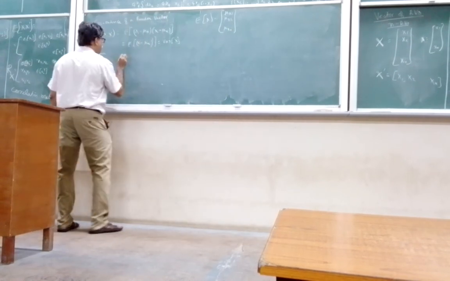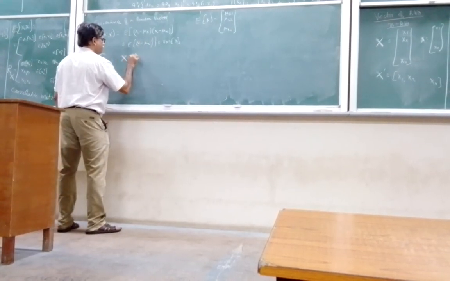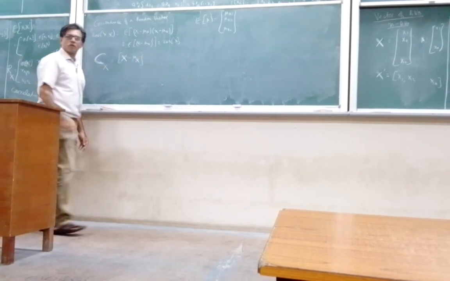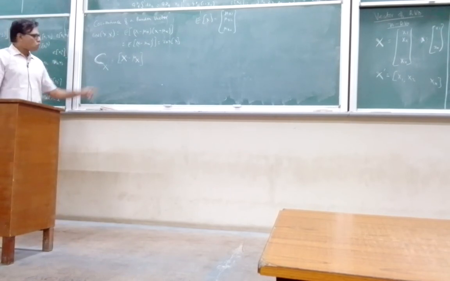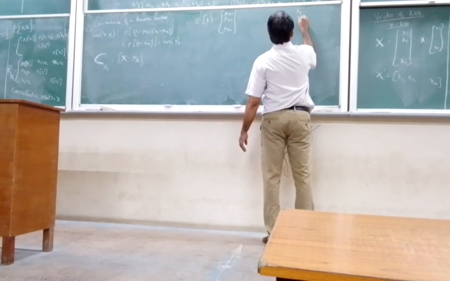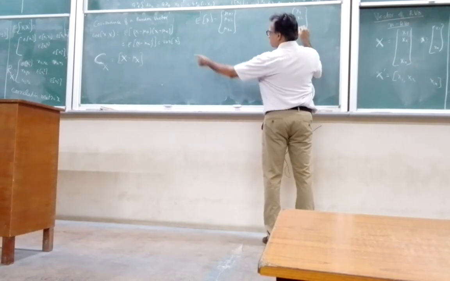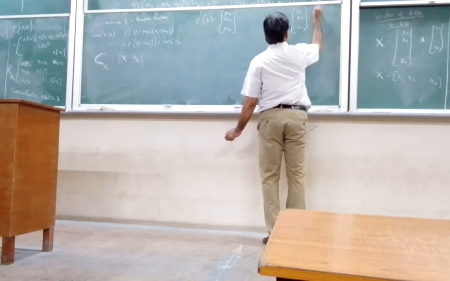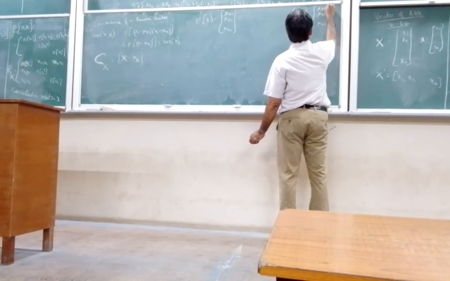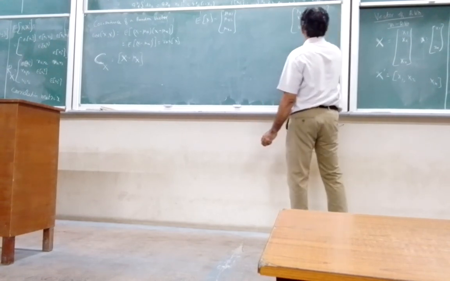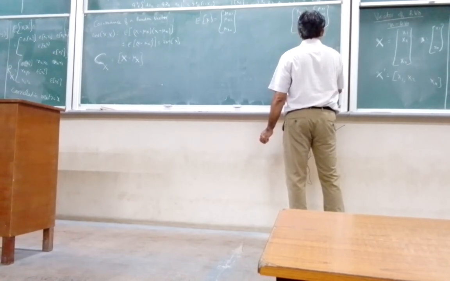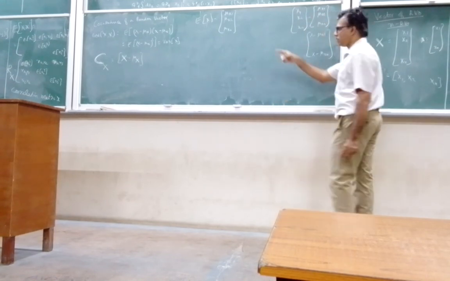So what we will do is, this is nothing but x1, x2 to xn minus mu x1, mu x2 to mu xn, the corresponding vector.